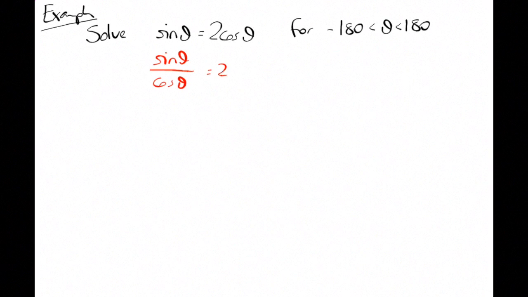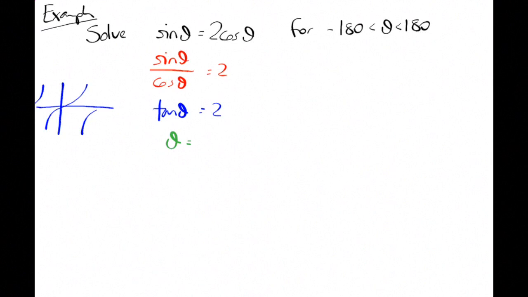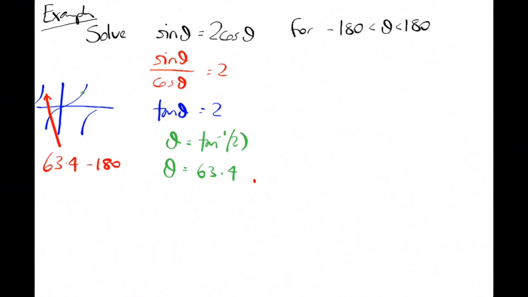We can rewrite that using our identity as tan theta equals 2. And our calculator tells us straight away that the inverse tan of 2 is 63.4. Our other answers are plus 180 or minus 180. In this case, looking at our range, we're going to have minus 180. So we get minus 116.6.